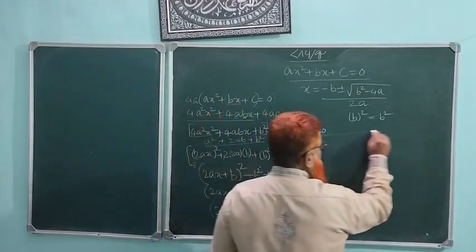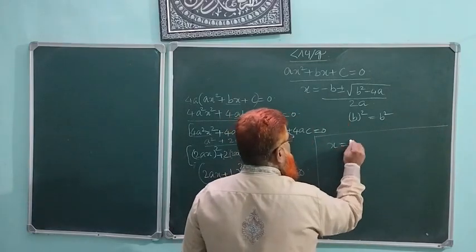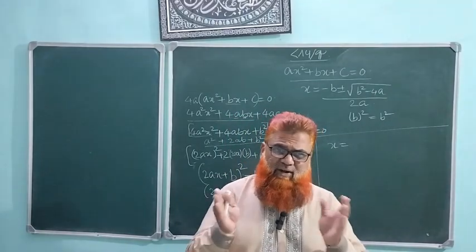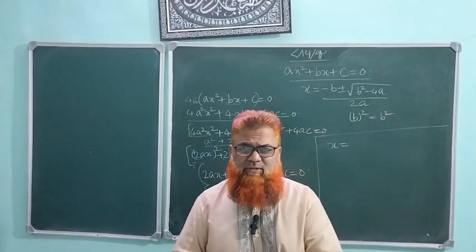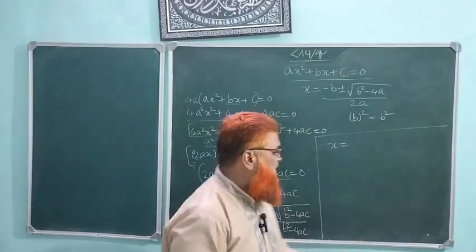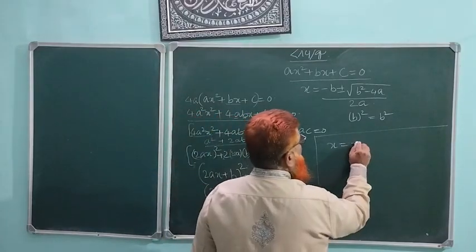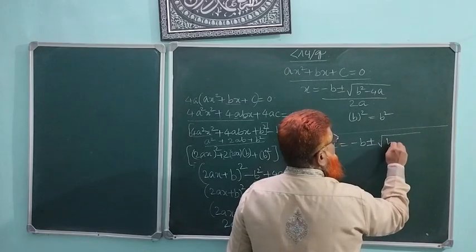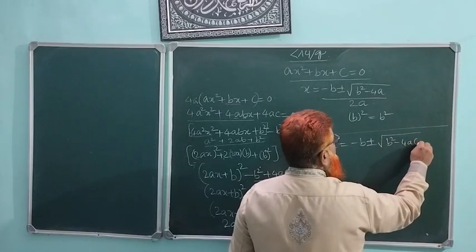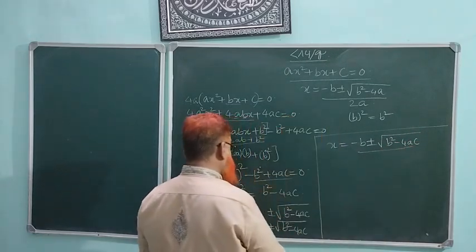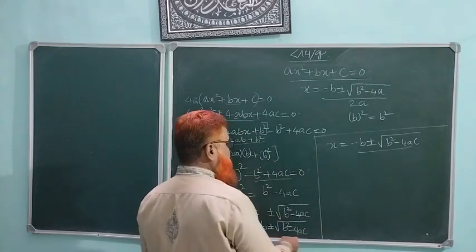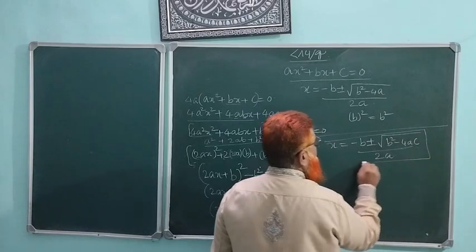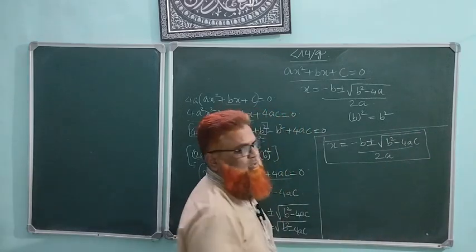And again, we want x, because x is the root of the equation, so we want to find the value of x. x is equal to minus b plus or minus under root of b square minus 4ac, and this 2a is transferred to the right side, joining the denominator, divided by 2a. This is our derivation of the formula.